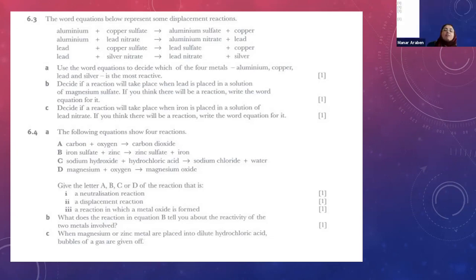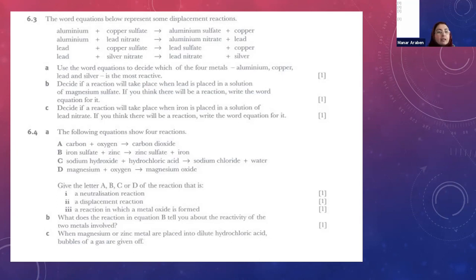When you look at the first, aluminium. Yes, aluminium, because it can displace copper and lead. Excellent. By comparing these equations, you can conclude aluminium is the most reactive element because it displaces copper and lead, and the lead displaces silver, so aluminium is the most reactive element.